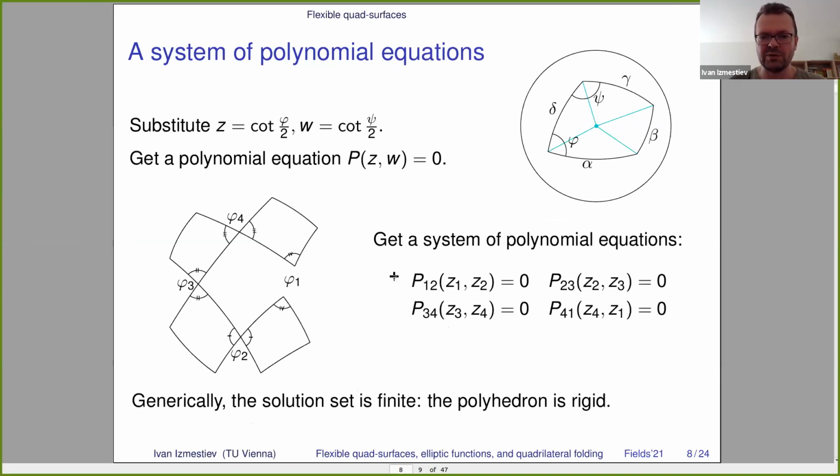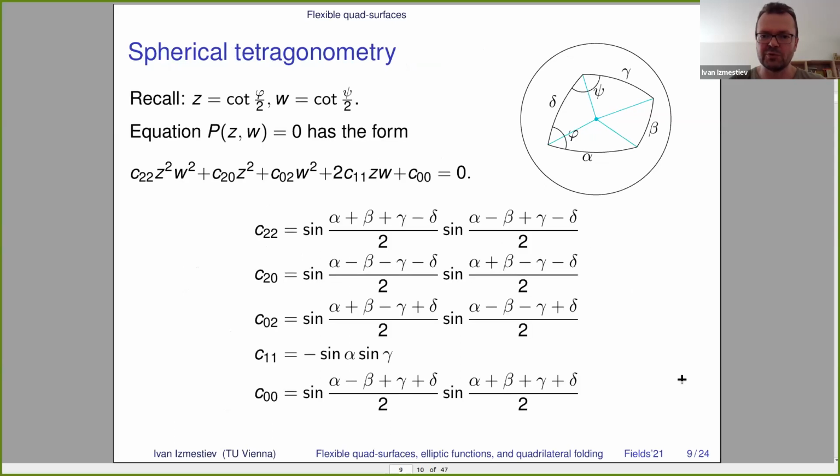So I asked, when does this system have a 1 parameter family of solutions in the complex domain? If you solve that, then of course you are left with another problem. You must understand when your complex solutions are actually real. But let us discuss only the first problem: how to describe when this system has a 1 parameter family of solutions.